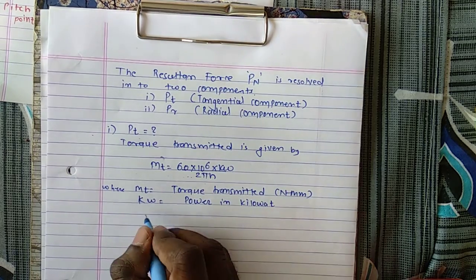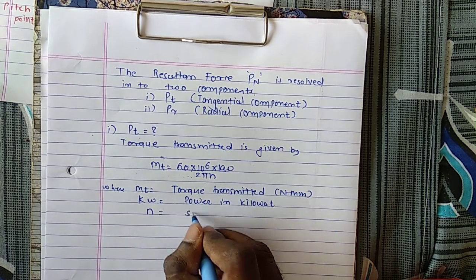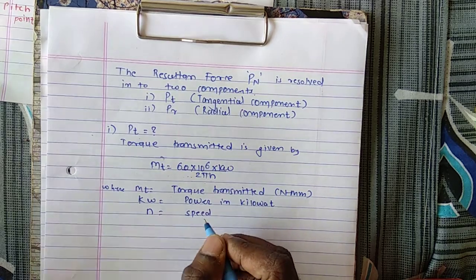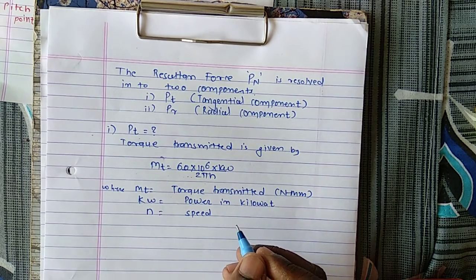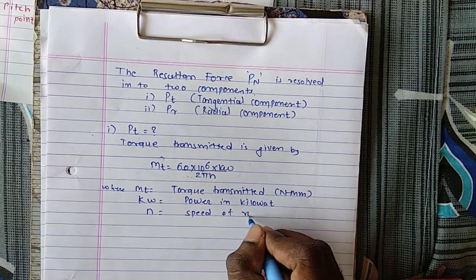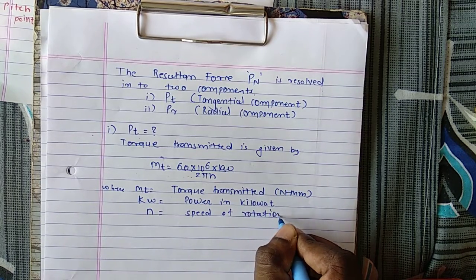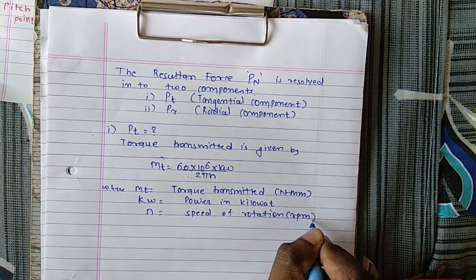N is the speed of rotation, which is expressed in RPM.